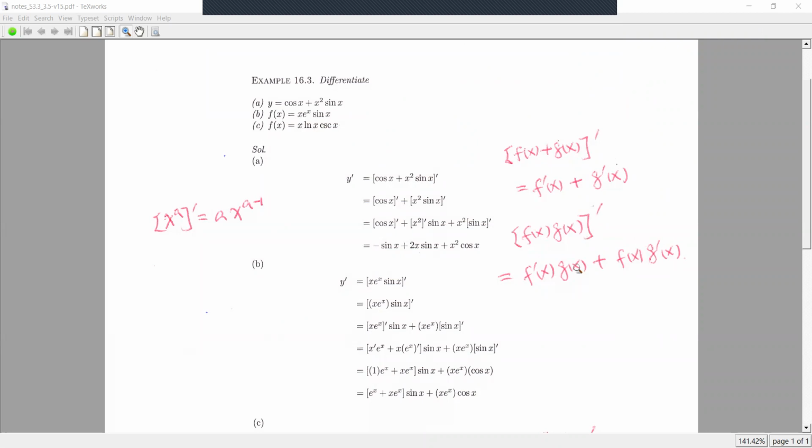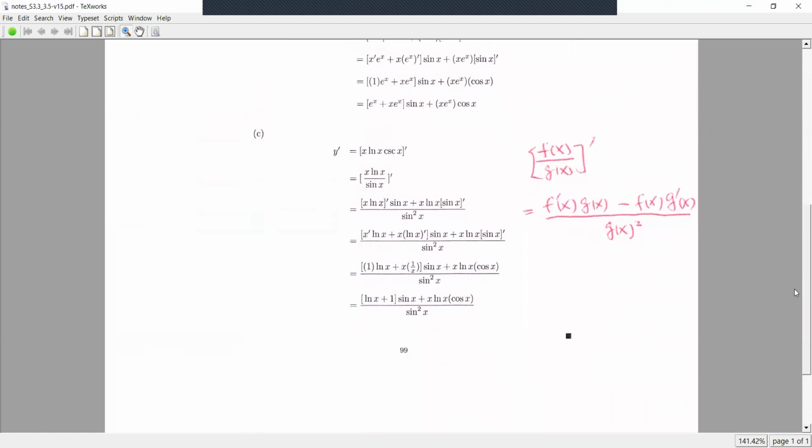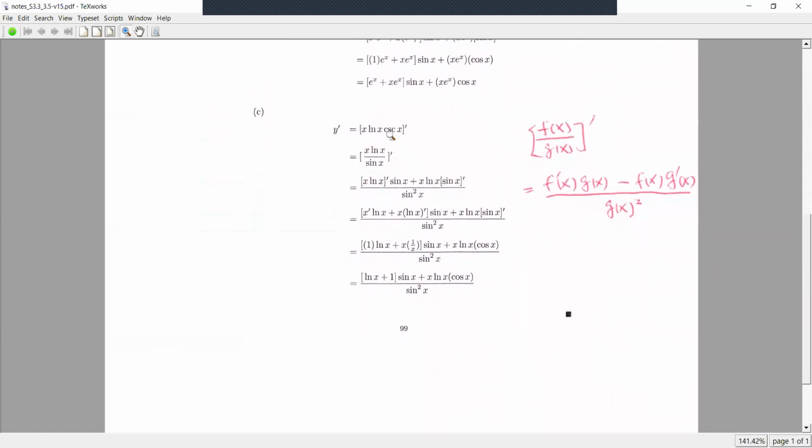This is one solution. A second solution is we can write cosecant as 1 over sine. Then the function becomes a quotient. The solution is here.